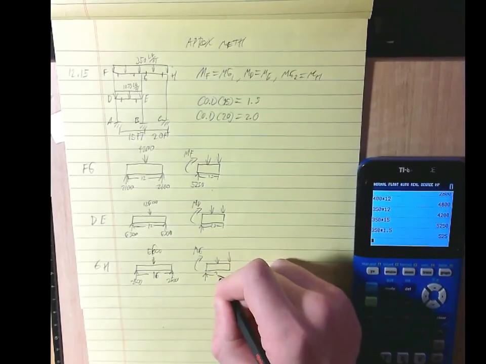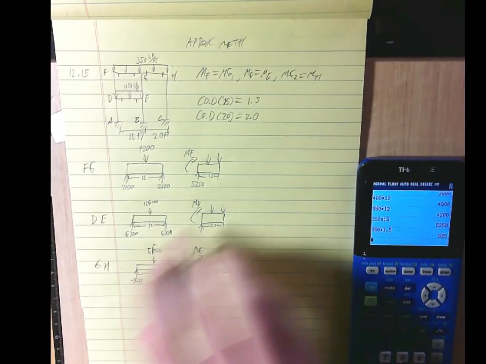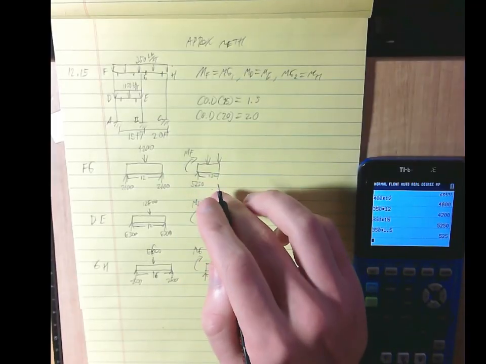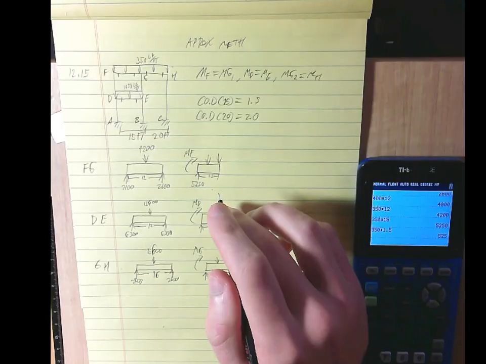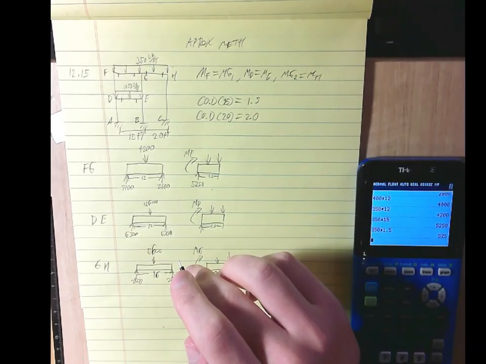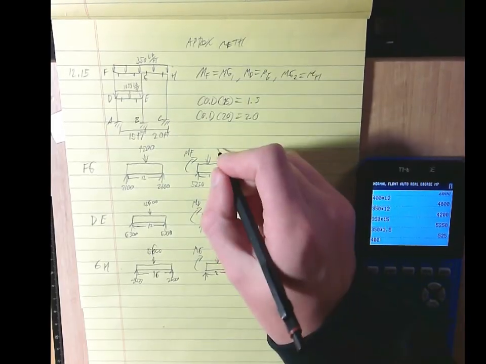And this is now 2 here. This is 2100 right here.